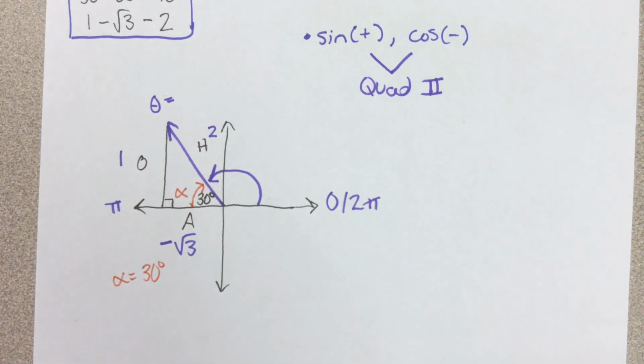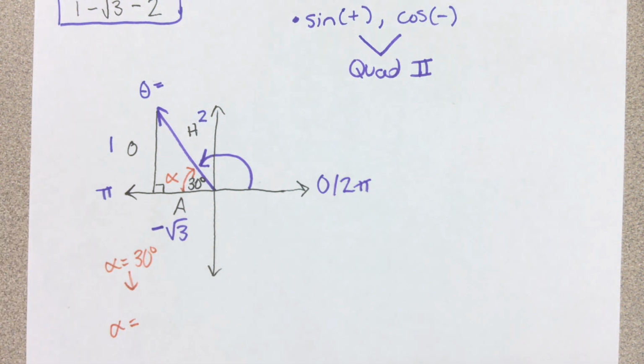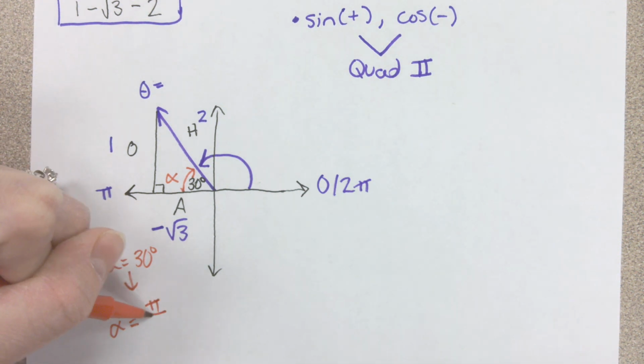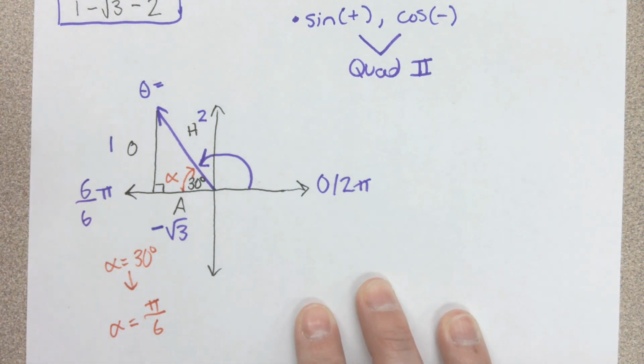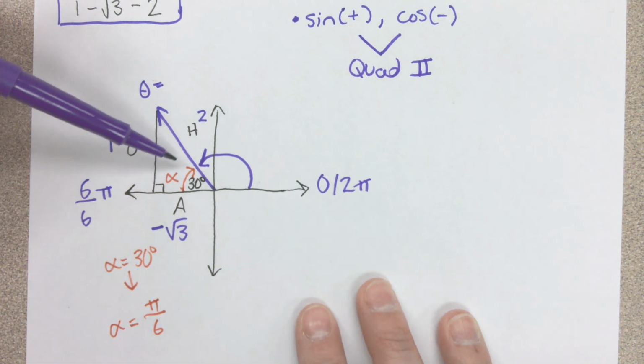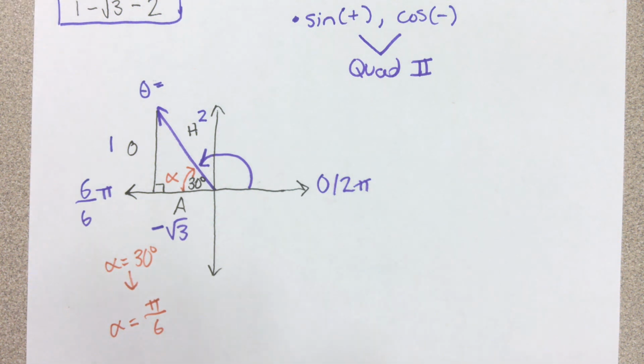Reminder, this problem is in radians. 30 degrees, how many radians? 5 or 6, yes. Good. So now we know we're in sixths. So this is 6 pi. This distance here is pi over 6. So what's theta?